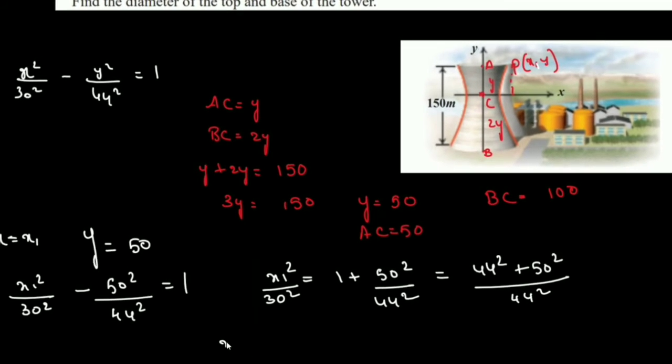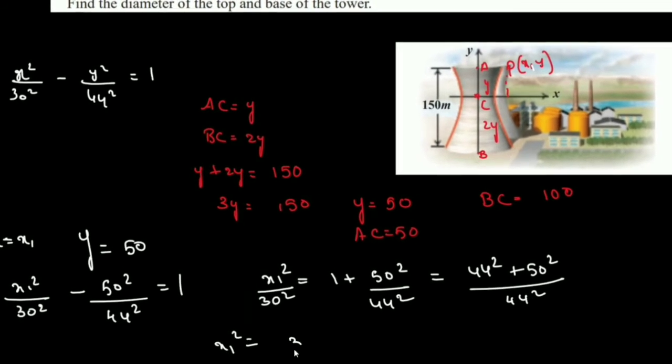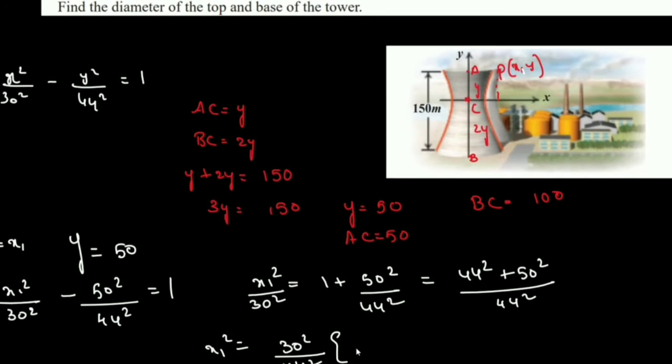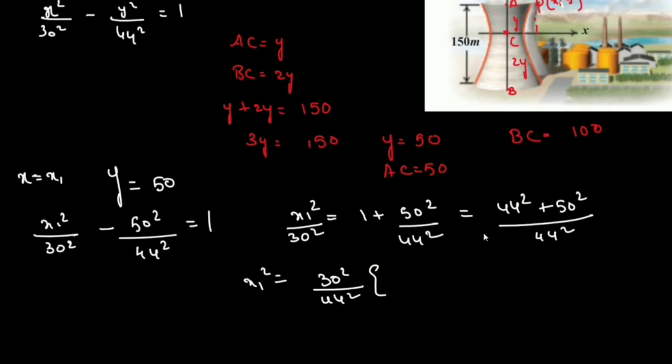So we get x1 square is equal to 30 square by 44 square times 44 square plus 50 square, and 44 square is 1936 plus 50 square is 2500. 1936 plus 2500 is 4436.